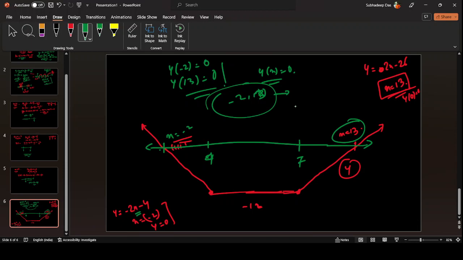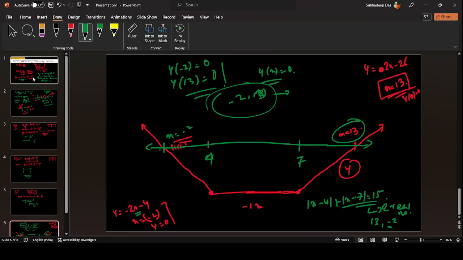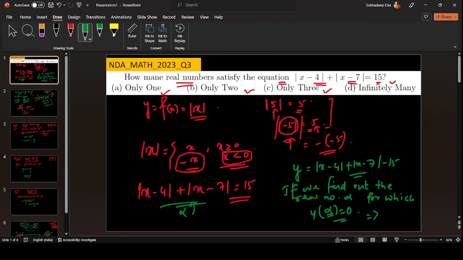How many real numbers are there satisfying this equation? There are only 2 real numbers, that is 13 and minus 2. So the correct option would be only 2.